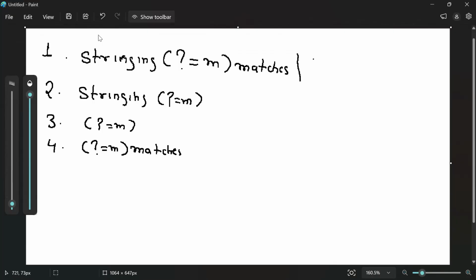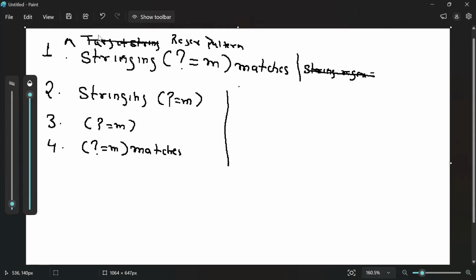Now we have the target string. Let me define the target string, which will match this pattern. For the target string we have, let's say, stringing, and then M, A, T, C, H, ES.